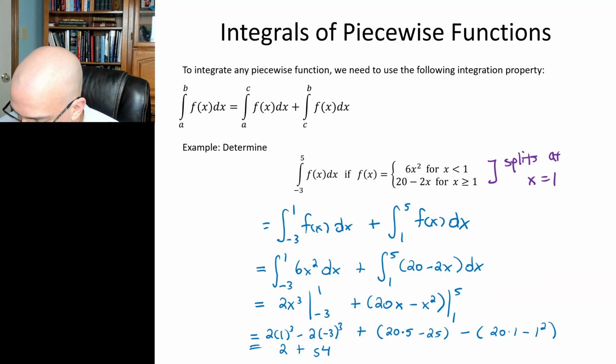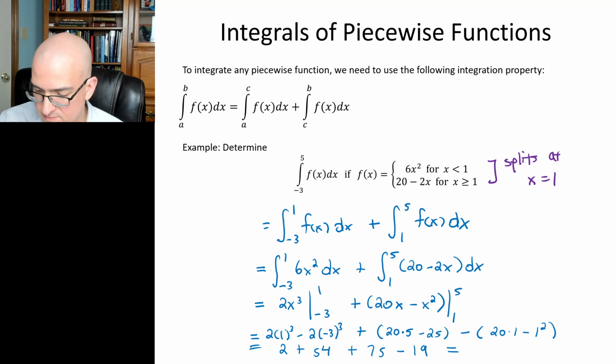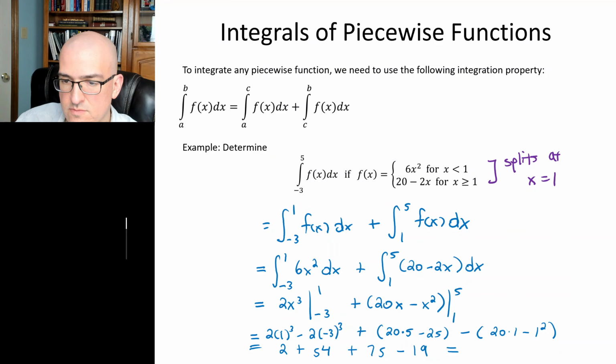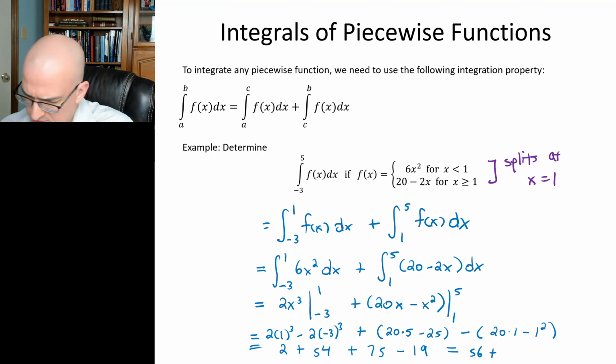And then we have 100 minus 25, so 75. And then we have minus 19. So 56 plus, and then 75 minus 19, 56, so 112.